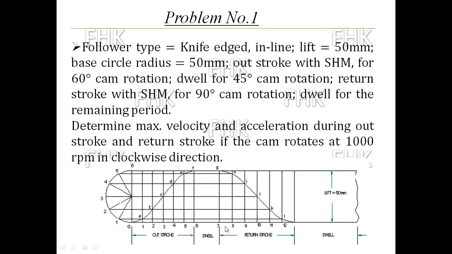I will divide the outward stroke into 6 equal parts, that means this 60 will be divided into 6 equal parts, and this 90 mm will also be divided into 6 equal parts. And I will draw the cam curve. I draw here the displacement curve for outward stroke and return stroke.